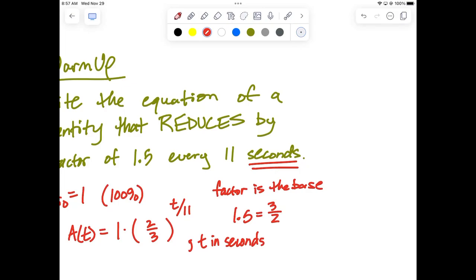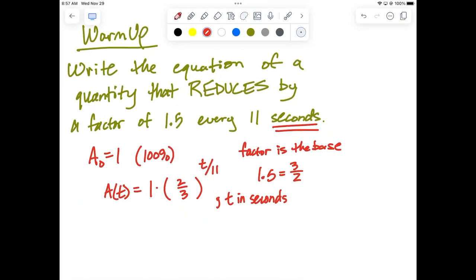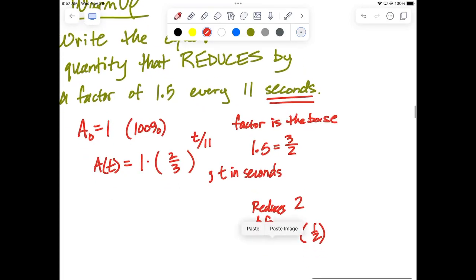The factor is 1.5. So let's say this. What if I said it reduces by a factor of 2? Then the base would be 1/2, right? Does that make sense? So you put the reciprocal of the base there, even though it doesn't equal that factor.